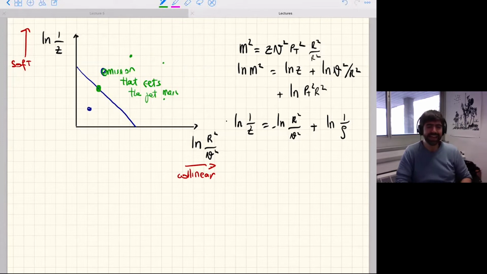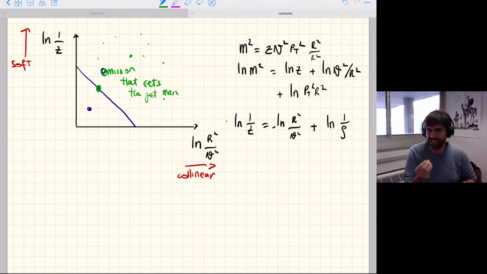I can have any other number of emissions that lie above this, because these are not going to change my jet mass in a significant way. What I mean is that they're not going to change it from the point of view of the logarithm of the jet mass. So I can have them or not have them, I don't care. They don't change the value of the jet mass I'm measuring. However, I cannot afford to have emissions below this line, because these emissions will give me a different value of the jet mass.